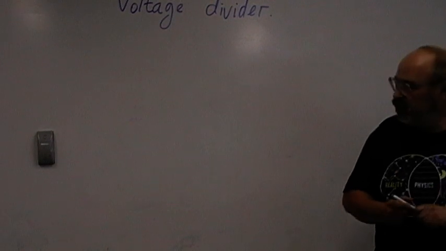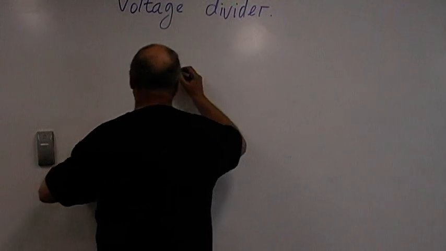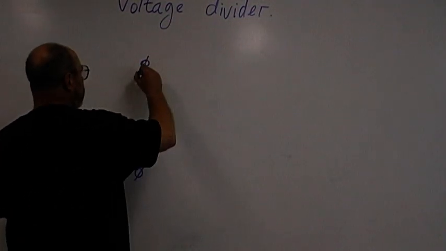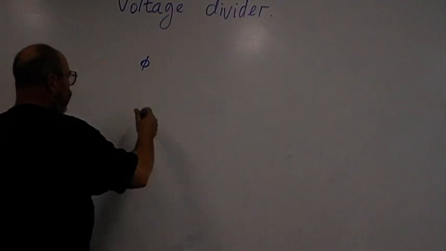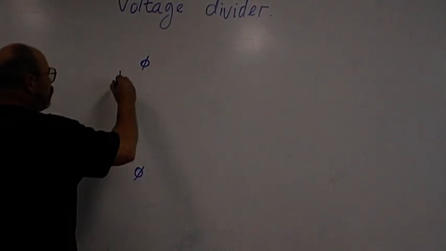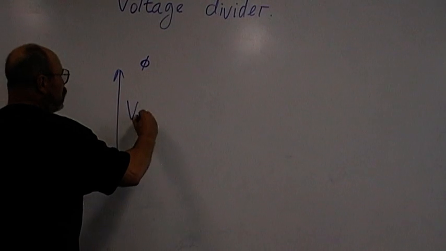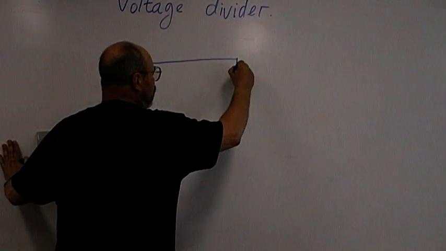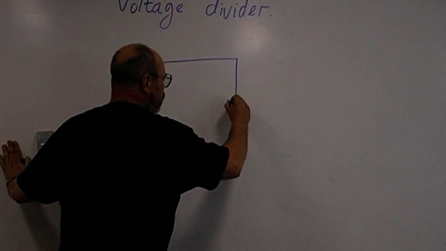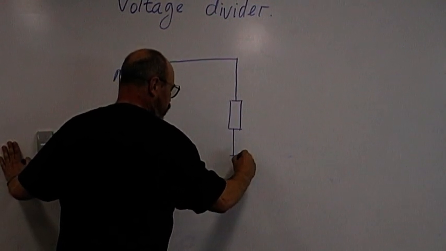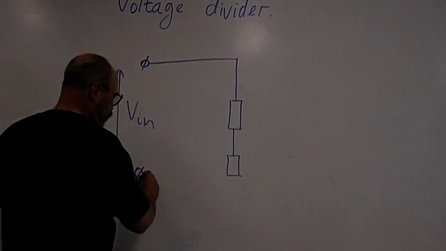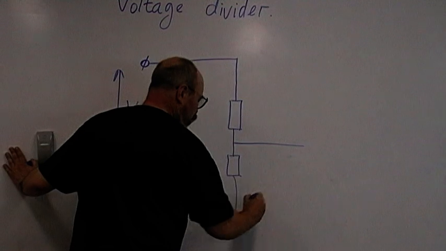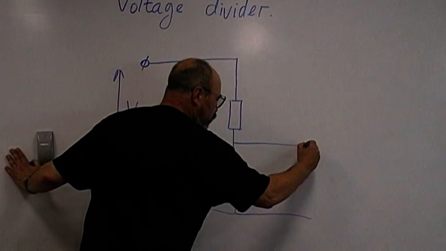So what is a voltage divider? Let's say we have a voltage supply, this will be voltage in, and then we have two resistors connected in series, and we take voltage out from one of them.